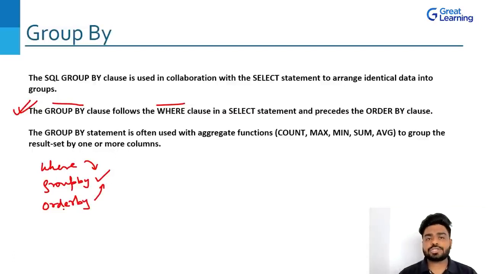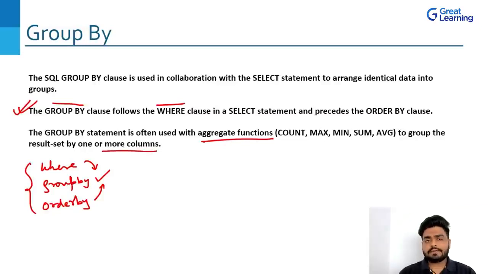If you have one question in which you have to use group by, where and order by, then you have to use these three in the same manner. You can't shift them here and there, otherwise it will give an error. The group by statement is often used with aggregate functions, count, max, min, sum and average, to group the result set by one or more columns.